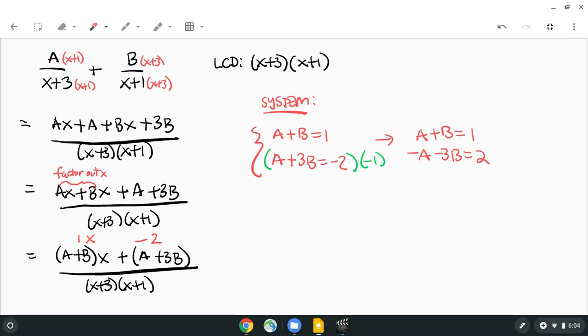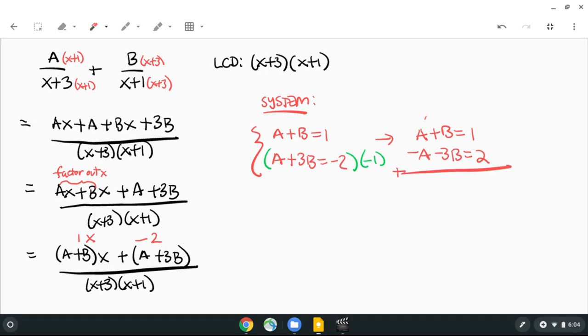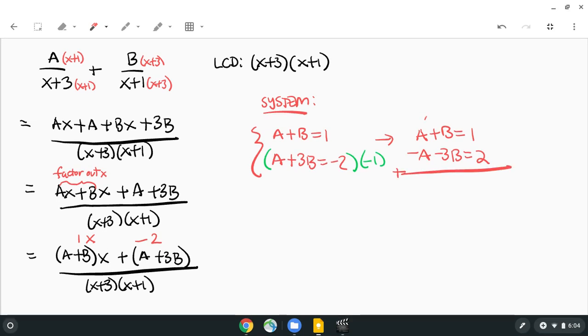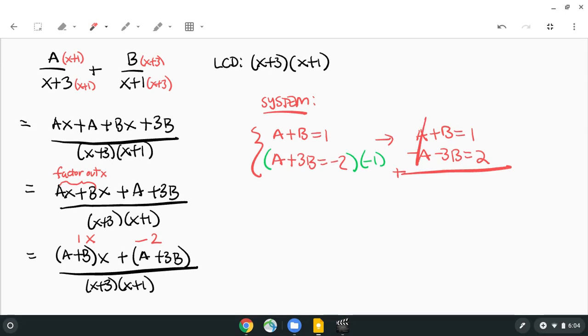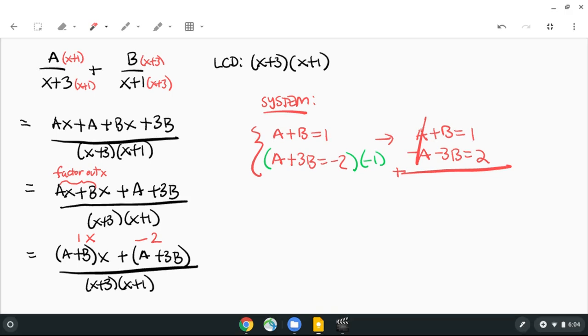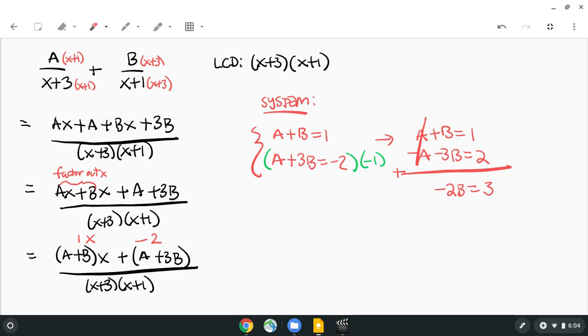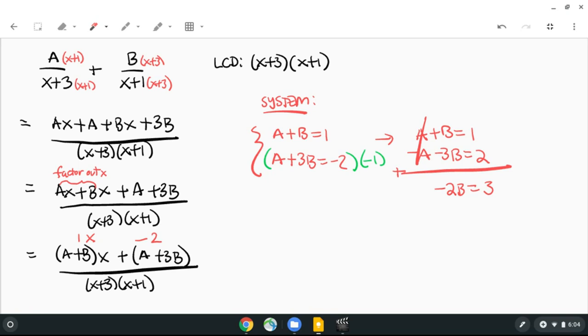Okay, so adding these two equations together, the a's cancel out, and I get negative 2b equals 3. So solving for b, b equals negative 3 halves. Okay, so there's one answer.